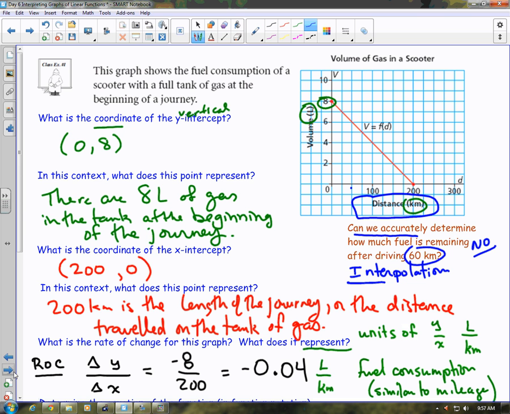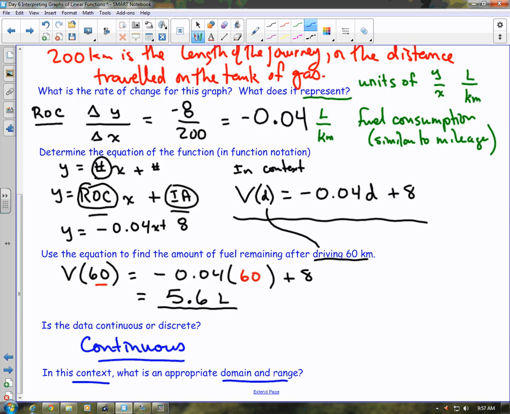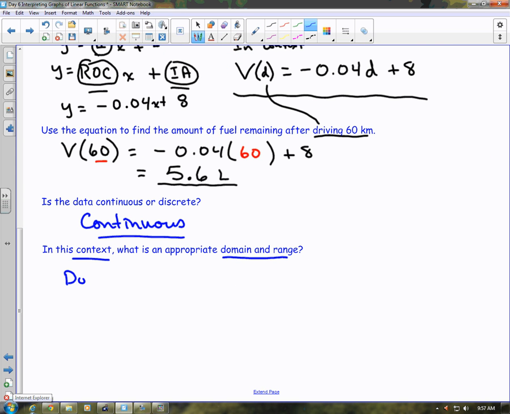So in this context, our domain is going to be, first of all, we're going to use the letter D for distance instead of X. And then since we have a smallest number and a largest number, use those two numbers and put the distance in between. So the distance is going to be between 0 and 200 kilometers.